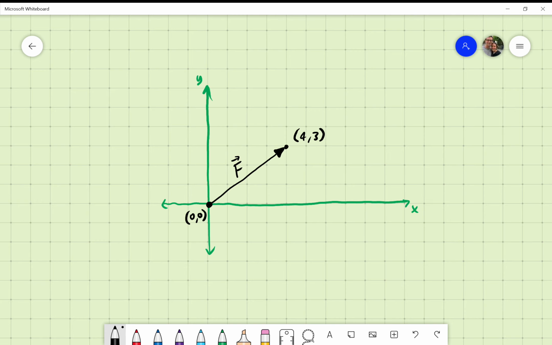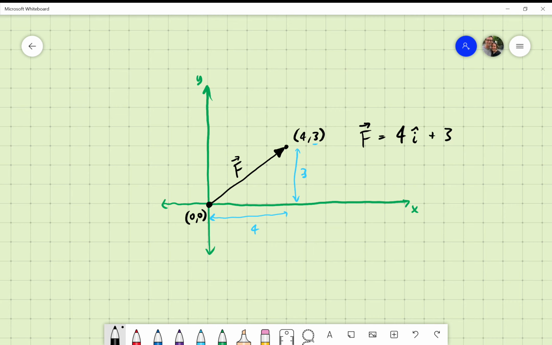So you could represent vector f without having to draw that diagram by doing this. You could say, look, this thing is like 4 units horizontally. So we do 4i. And this thing is 3 units, the same 3 as what's right here, the same 4 as what was right there.